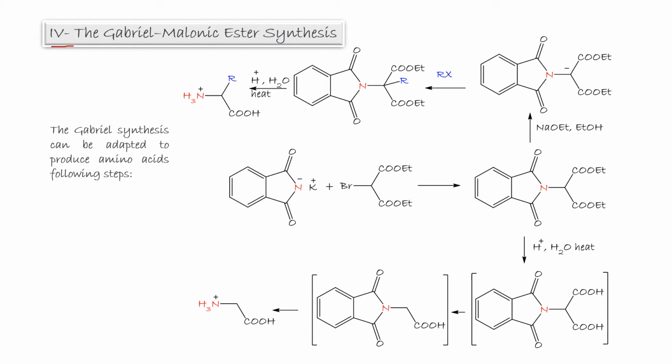Method 4, they call it Gabriel malonic ester synthesis. We start with potassium phthalimide reacted with alpha bromo malonate.